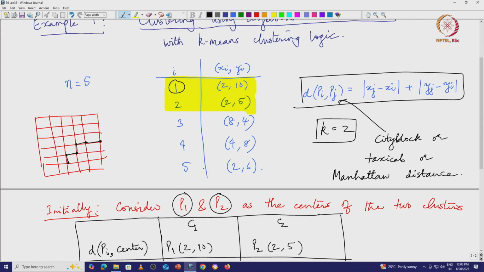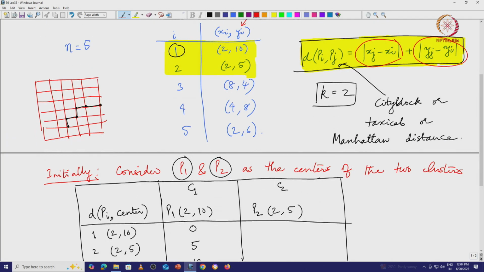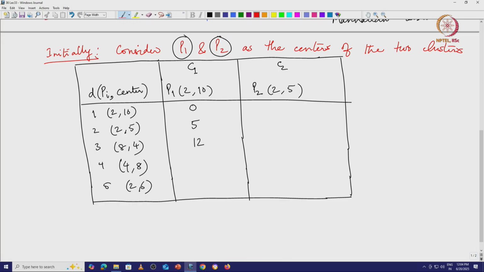So, I hope you can understand how we are applying this formula here for the taxi cab or city block distance. Okay. So, just the separation along the x coordinate plus the separation along the y coordinate. Of course, if you had many more components, right, here we are considering 2 components, or 2 features. If you had many more features you would have to compute the distance along each of those features and then add them up.